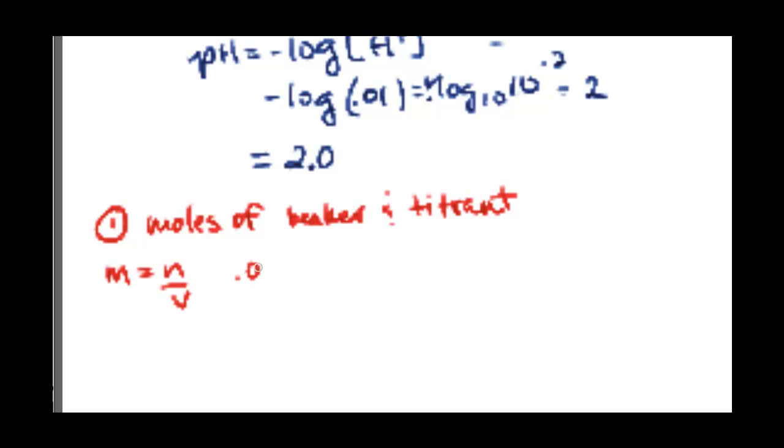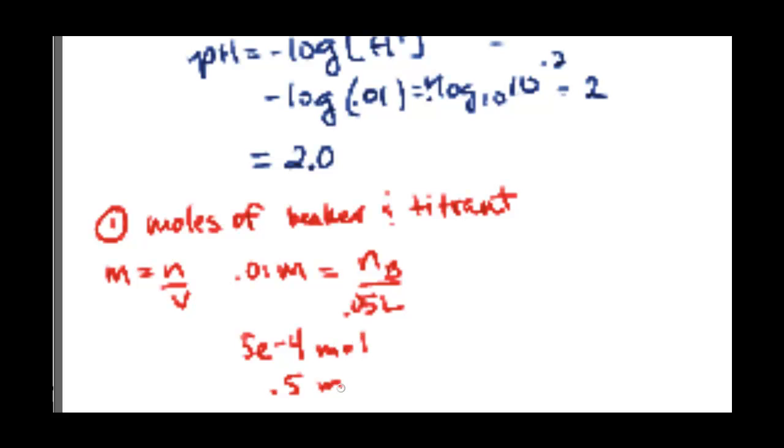We have 0.01 molar. We're looking for moles of beaker in this case, and we had 50 milliliters, which is 0.05 liters. So if I multiply, I get 5e to the negative 4 moles, or 0.5 millimoles.